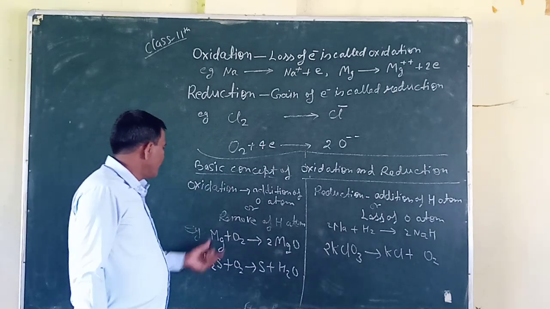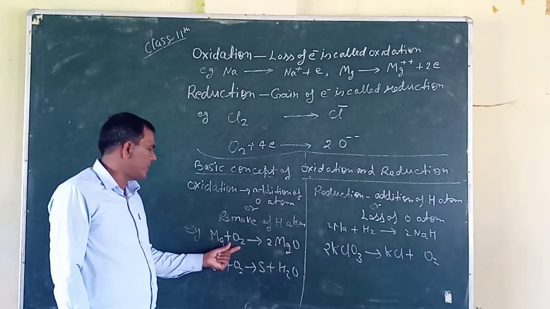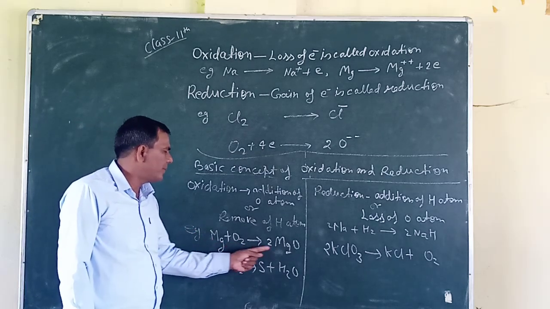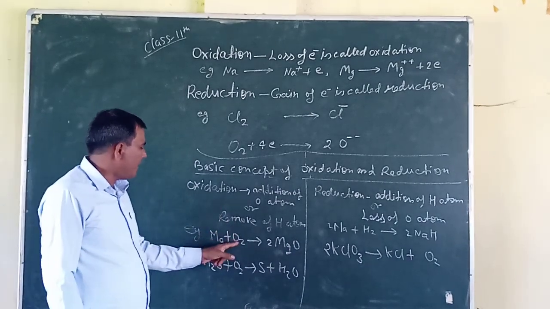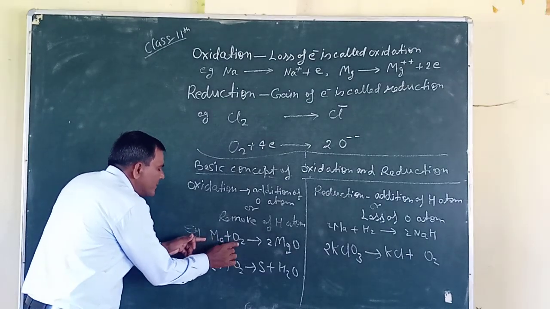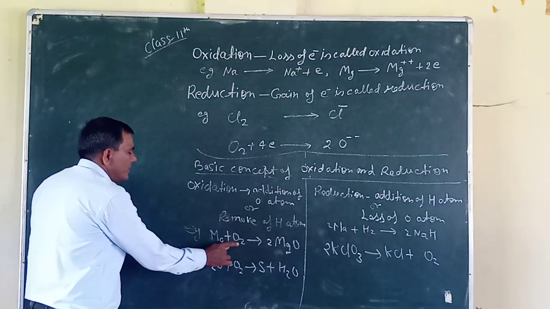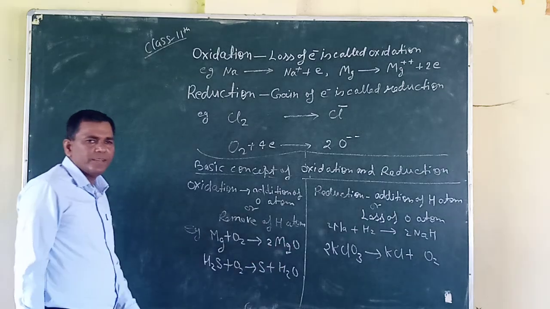Now, for example, magnesium plus oxygen gives magnesium oxide. Here you see magnesium and oxygen. Oxygen will be added to this magnesium to form magnesium oxide.